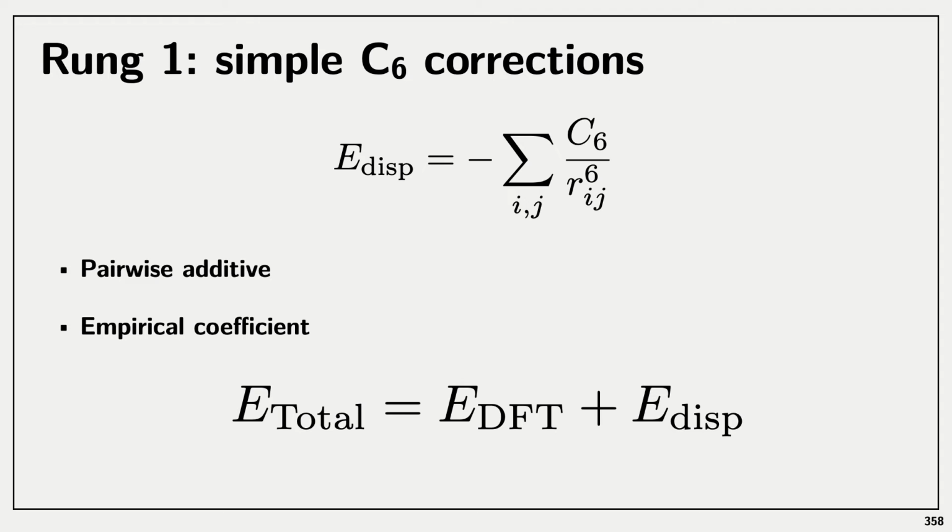So it is not truly addressing the issue of the exchange correlation functional. Actually, we do not change the exchange correlation functional, and typically this is done on top of PBE or on top of BLYP or that kind of thing. It is really correcting the total energy.